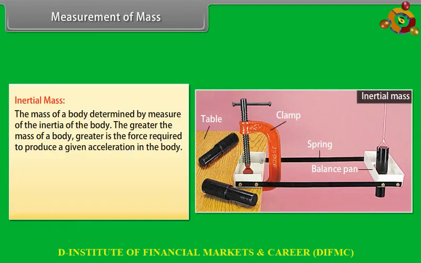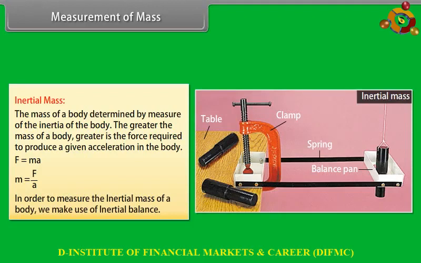The greater the mass of a body, the greater is the force required to produce a given acceleration in the body. F equals ma or m equals F upon a. Thus, a very heavy body has a larger inertial mass than a light body.